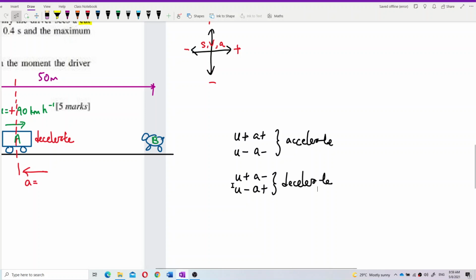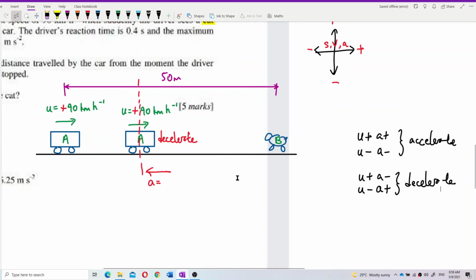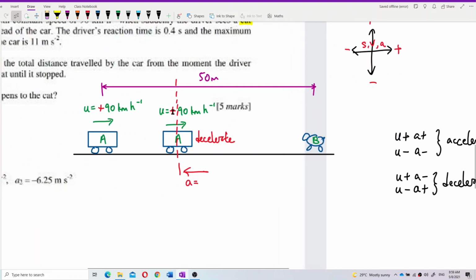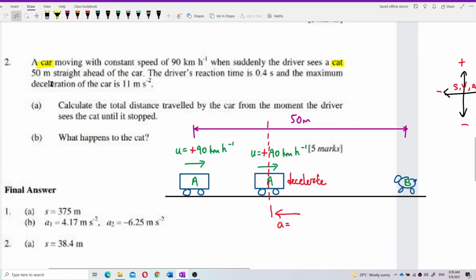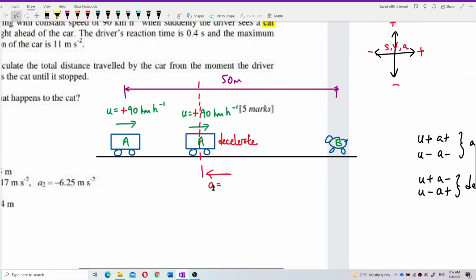But if one is positive and one is negative, opposite direction, then the object will decelerate. In this case, the velocity is to the right, positive, and we know that the car decelerates, so the acceleration and velocity must be in opposite directions.